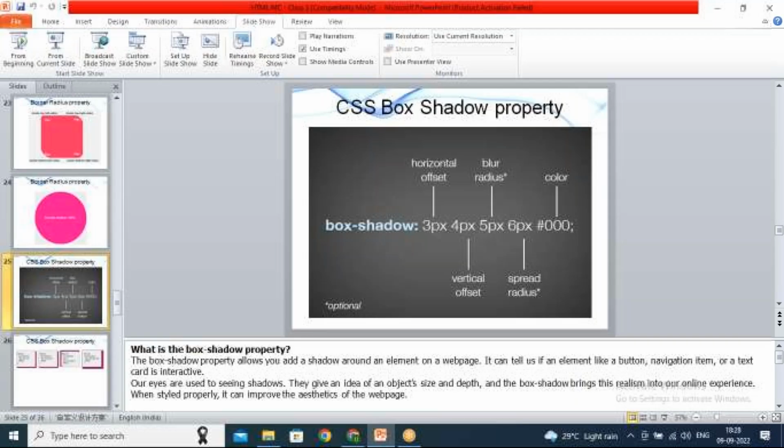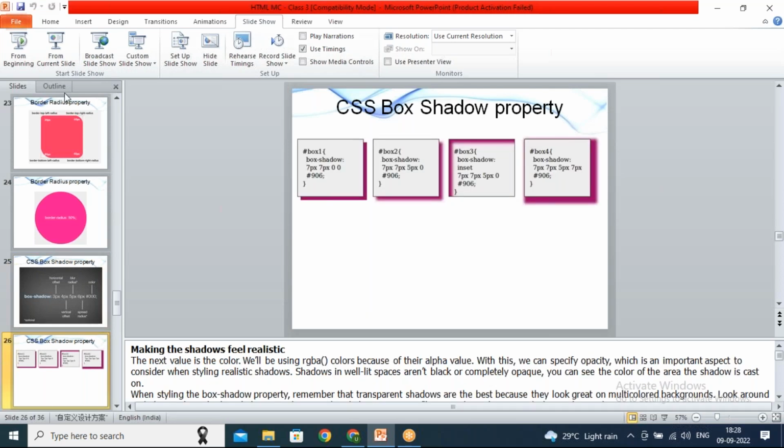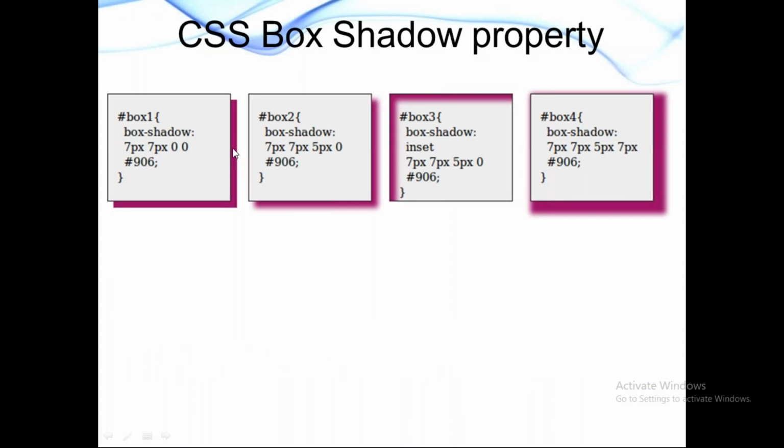Here are some examples I'll show you. Once you have this box, you can add a subtle shadow, then you can add the thickness or the blur, and then you can specify whether it should be inset or outside, and you can control where exactly it should appear.